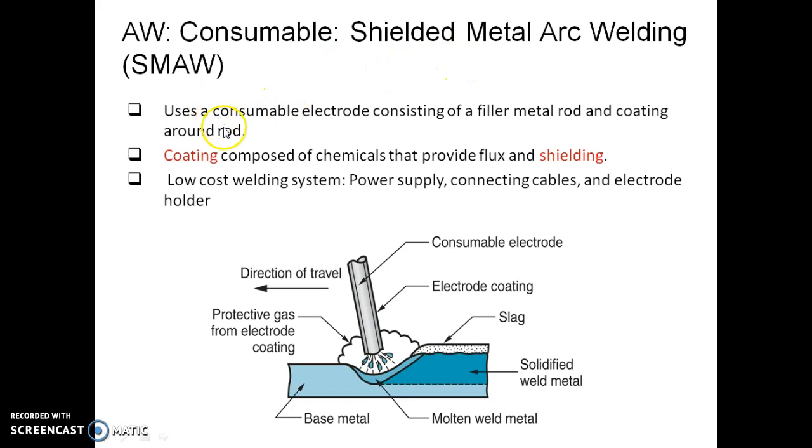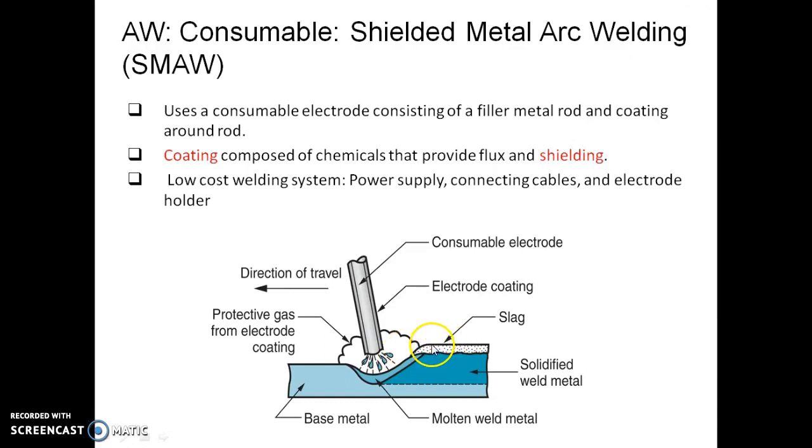Now let us concentrate on shielded metal arc welding. This is consumable metal arc welding. In this case the electrode is coated, and that coating gets burned and provides a shield, which avoids oxidation of the melted part with oxygen. It provides shielding through the burn gases. The coating also provides slag.